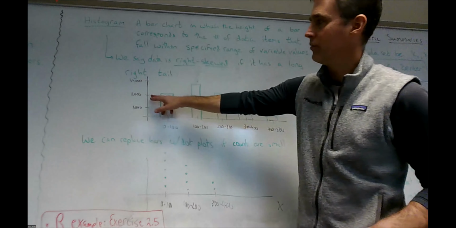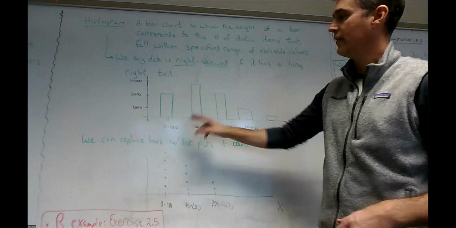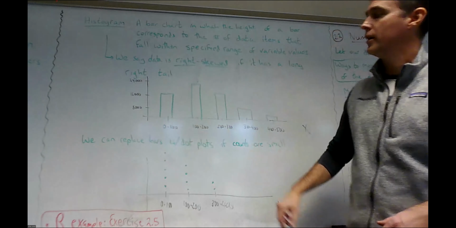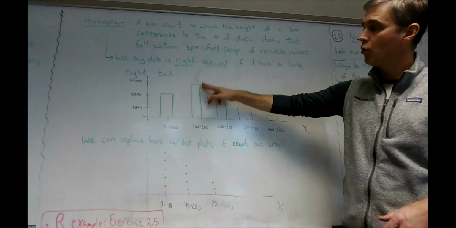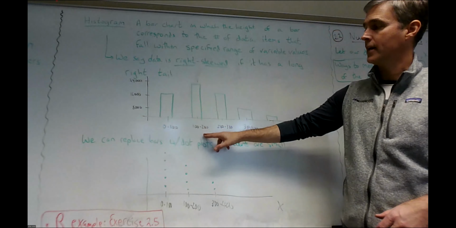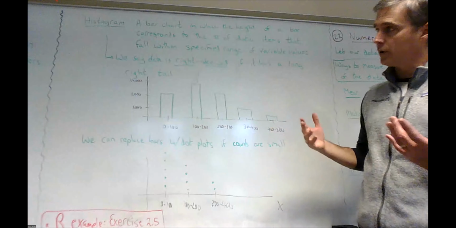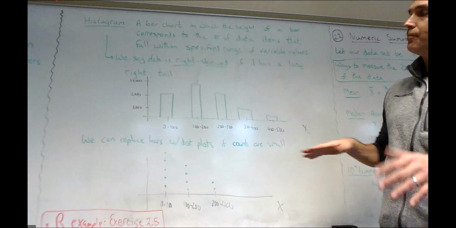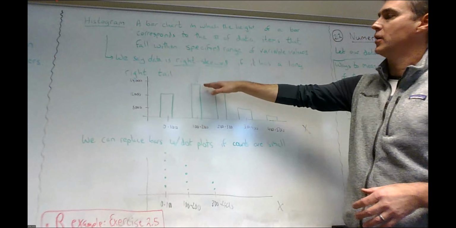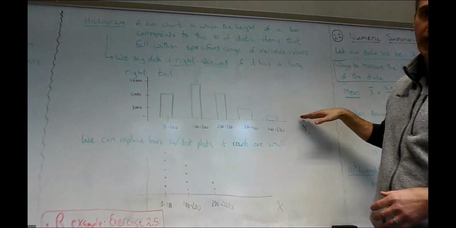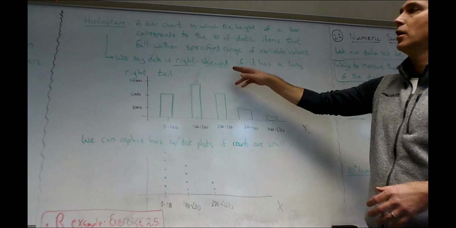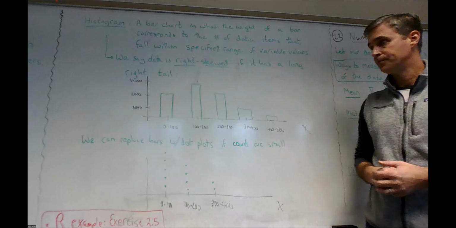So there are maybe 17,000 entries that have an X value between 0 and 100, and there are more data items that have an X value between 100 and 200, et cetera. If after the peak we have a long tail to the right, we would call that right skewed. If we have a longer tail to the left than to the right, we call that left skewed. So when I say skewed, it means which side has the longer tail, okay?